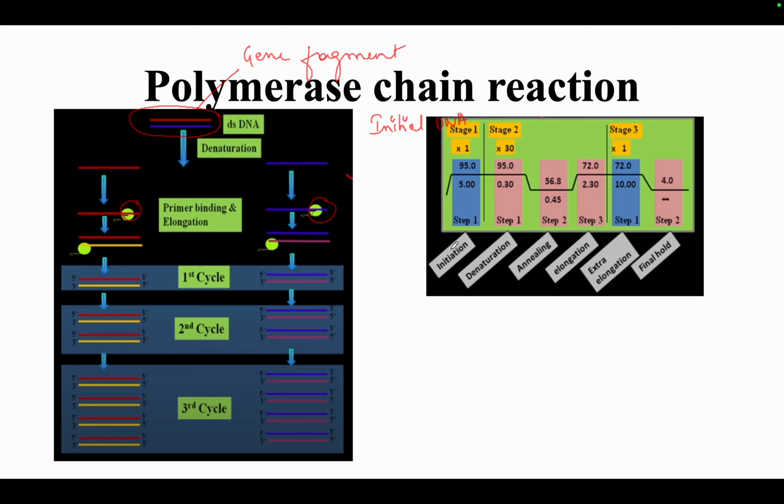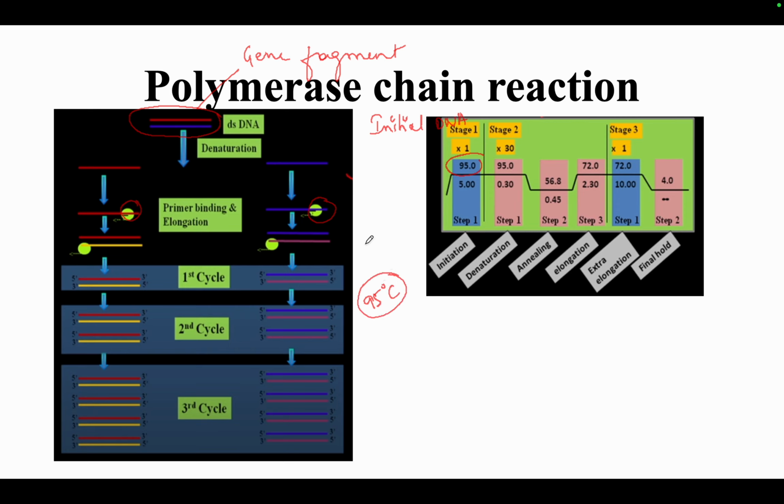So what are the different steps here? The first step, initiation, is where we denature our duplex DNA. That is why we use a very high temperature, around 90 to 95 degrees Celsius.